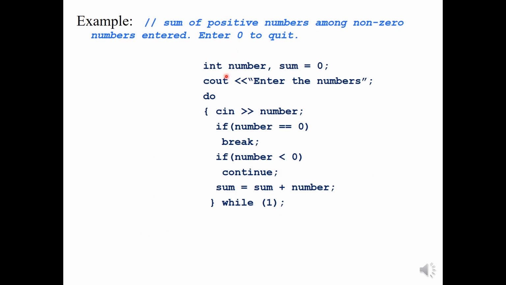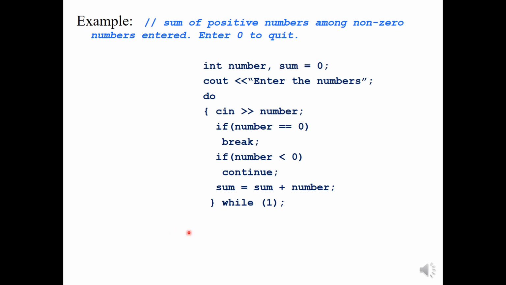An example is given here. I declare int number and sum, and initialize these two as 0. The computer will ask you to enter a few numbers, and I have a do while loop here. In the do, I have to input at least one number. If this number is equal to 0, then break, and it will just come out.